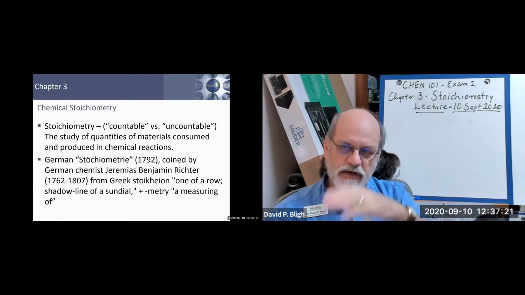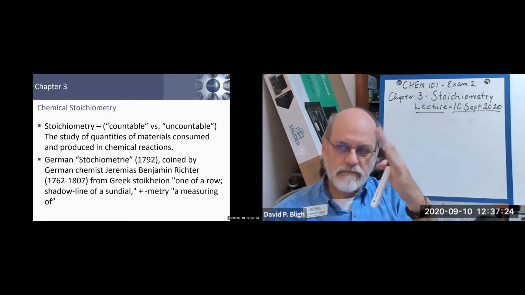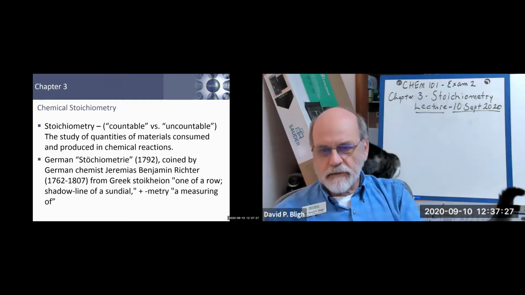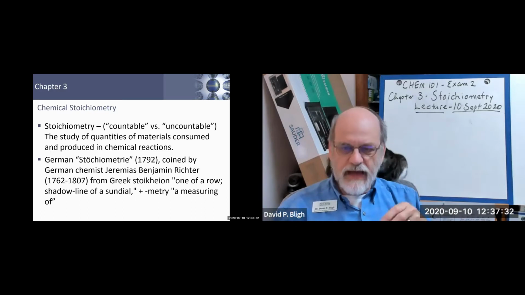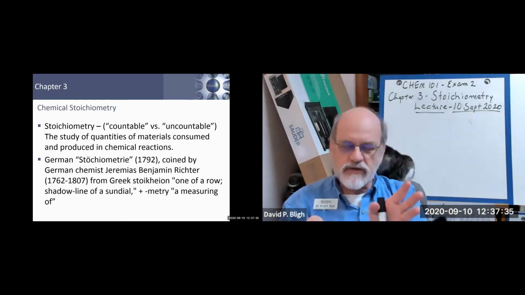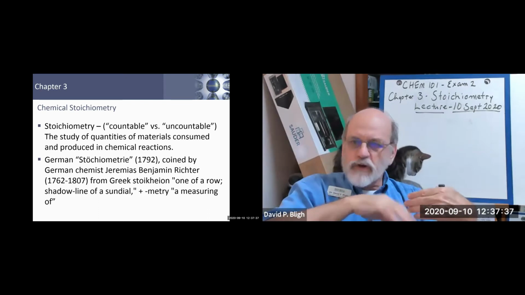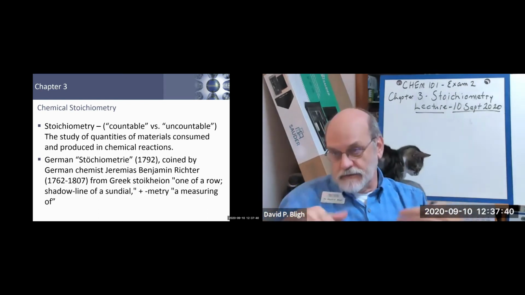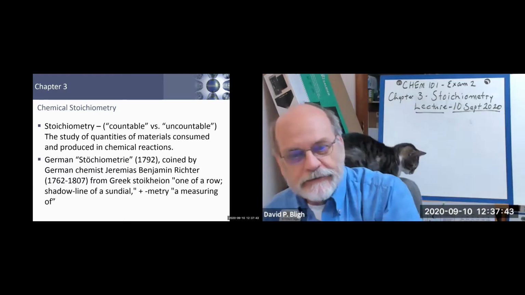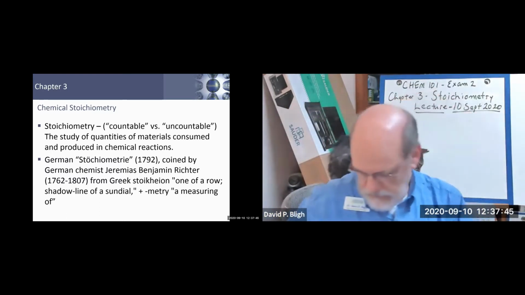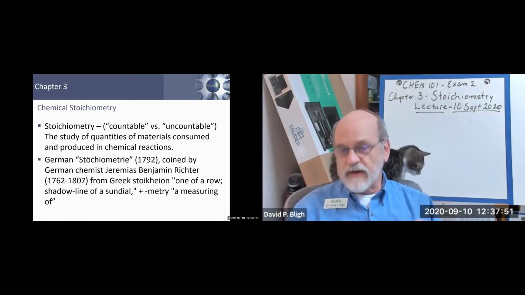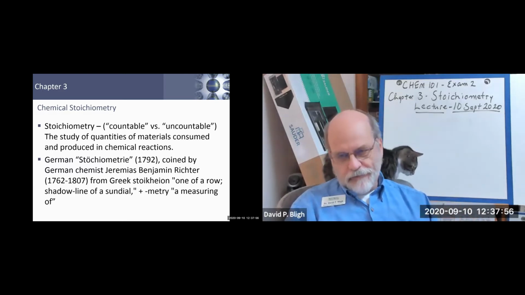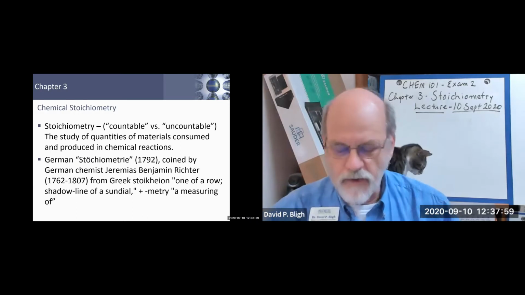In modern times the sundial is in a kind of sweeping motion, but the earlier sundials were linear, and they had to be built in such a way that the line threw a shadow across certain lines, and that's how they told time. And then of course the metric part means measure. Not that that helps any, but I'm always interested in history.